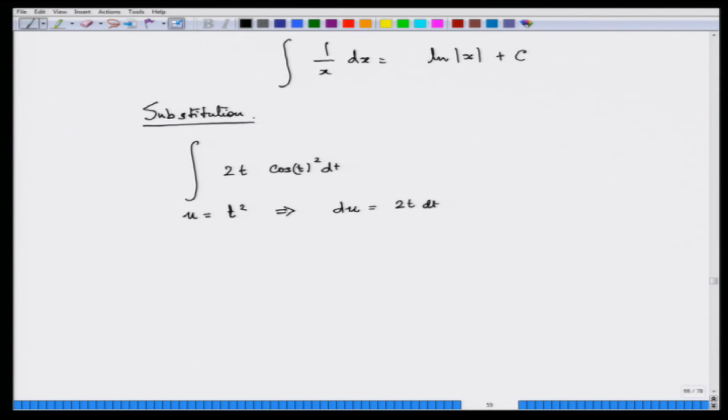What was t square here? t square was u. So this becomes the integral of cos u du, which is nothing but sin u plus c. Now you put back u is equal to t square, so it will give you back sin t square plus c.